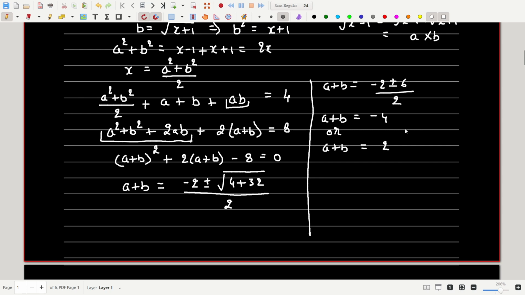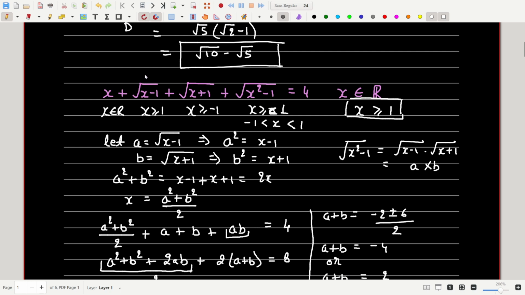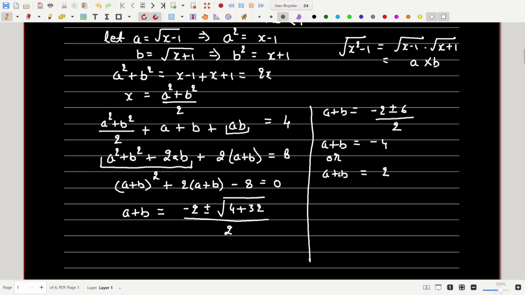Now look, a plus b is these two numbers, x minus 1 under root and x plus 1 under root, and both these numbers are greater than 0. So a plus b cannot be less than 0. So a plus b is greater than or equal to 0, which rules out this. So we are left with a plus b is equal to 2.